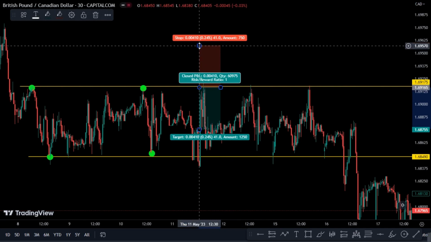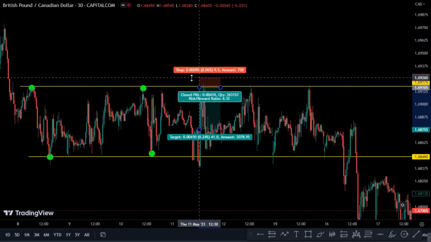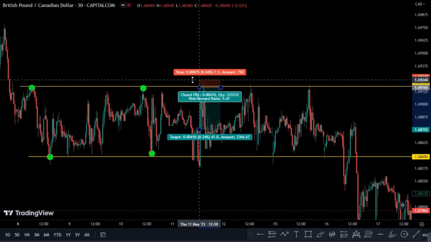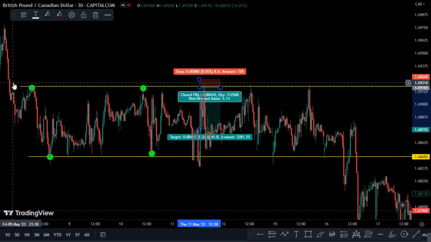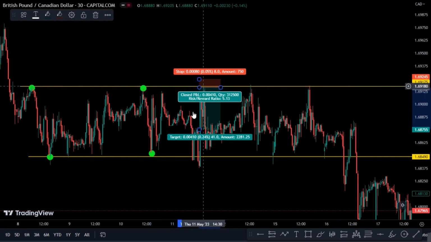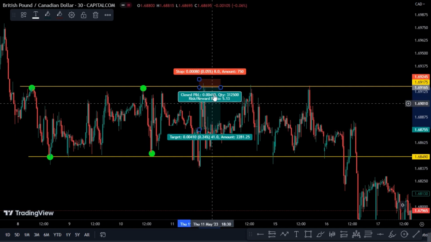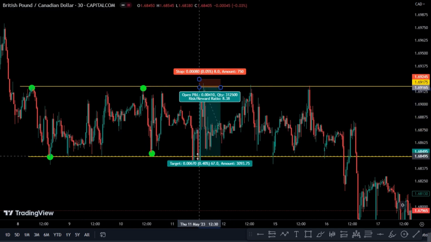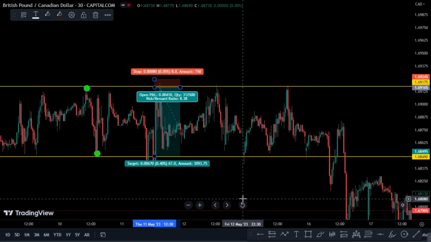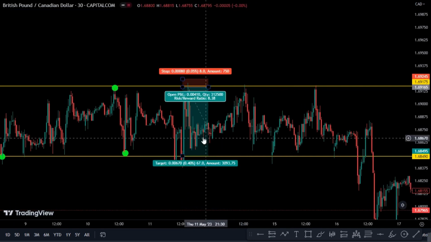We anticipate a short, and then we make sure that we put our stop loss right above our structure here, looking at this candlestick here, and that will be above our resistance level, and then we would target this support structure here that is normally respected a majority of the time.